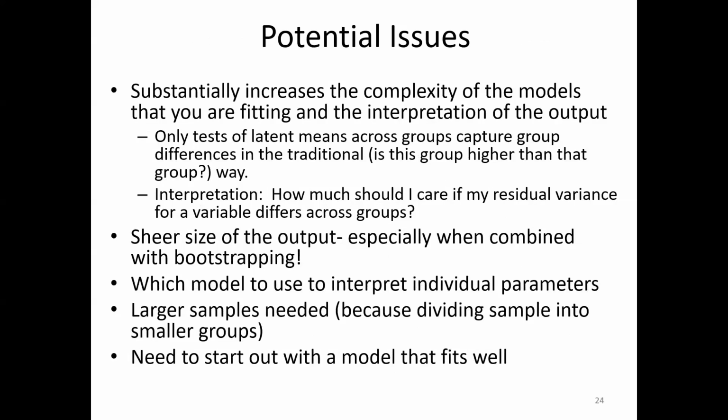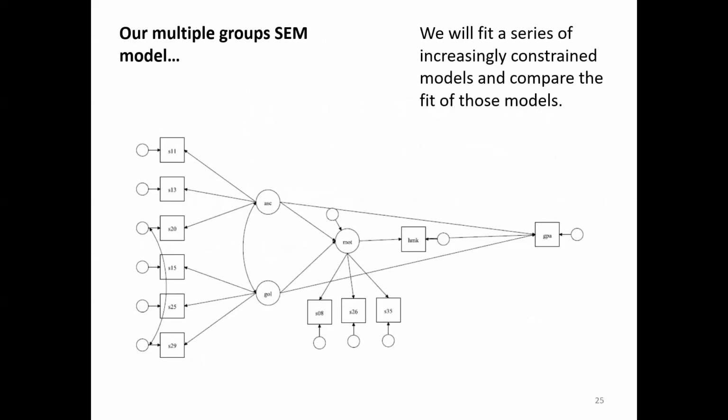Remember, bootstrapping is something we want to do when we're testing indirect effects. So when we're doing the multiple group SEM stuff next week, that's where the bootstrapping might be more important. And again, we need large samples. We need each group to have a decent sized sample, and we need to start out with a model that fits well.